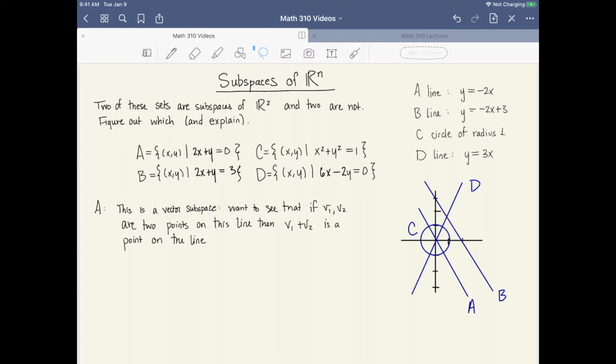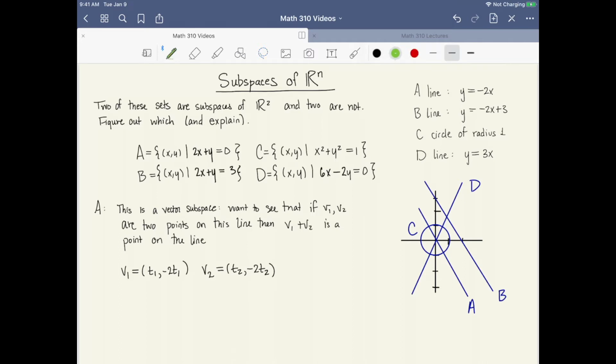So we can parameterize the points that are on that line. I can take my 2 points, or vectors, v1 and v2 in A, and write them as, in the case of v1, (t1, minus 2t1), and for v2, (t2, minus 2t2). Where does this parameterization come from? It just comes from the equation of the line.